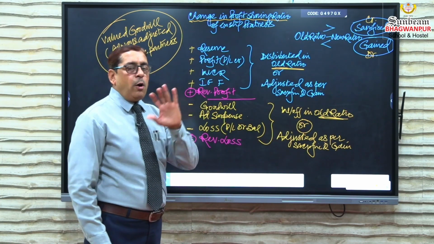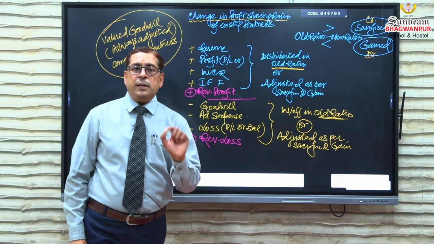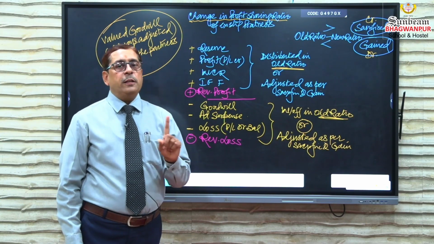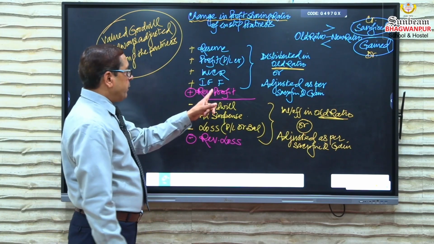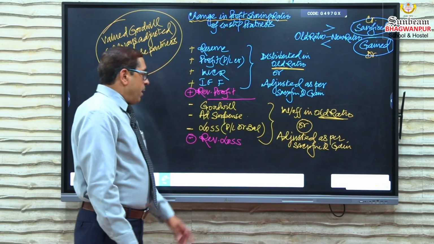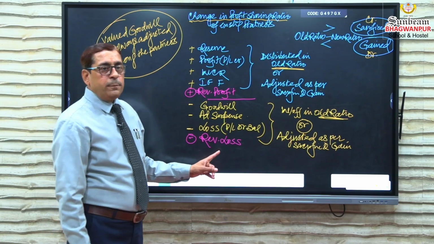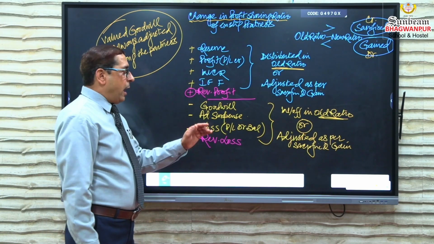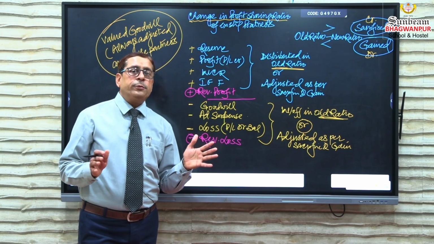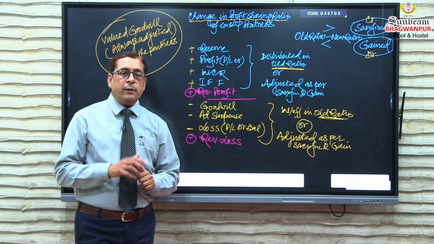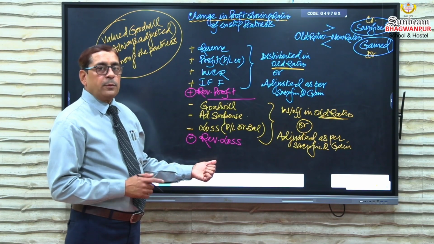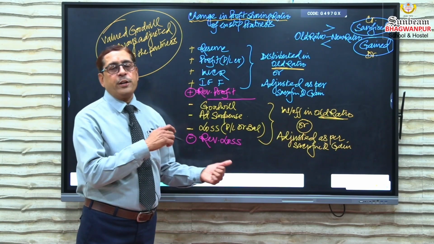Revaluation profit, in the absence of any specific instruction, is to be distributed amongst the partners in their old profit sharing ratio. Revaluation account debit to all partners' capital accounts. If there is a loss on revaluation, then again it is to be written off, partners' capital account debit to revaluation account, again in the old ratio.